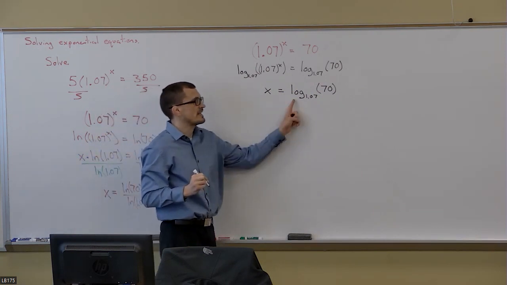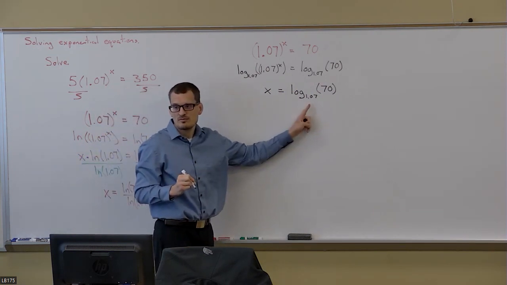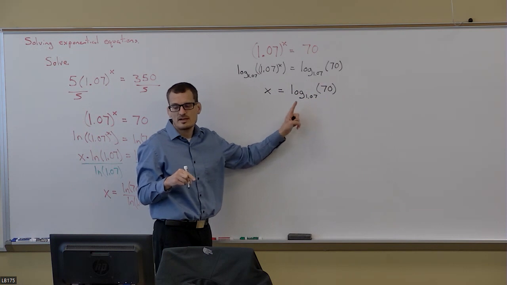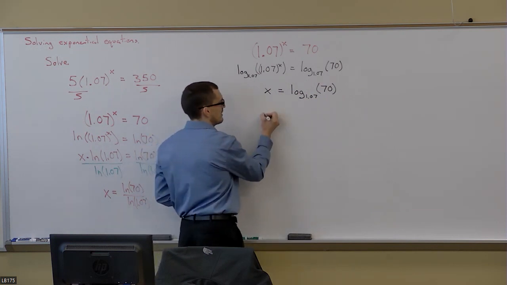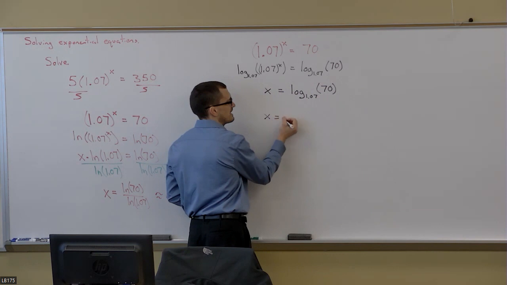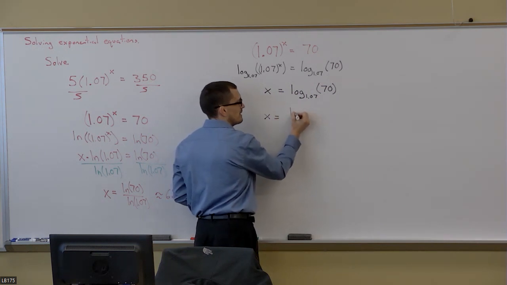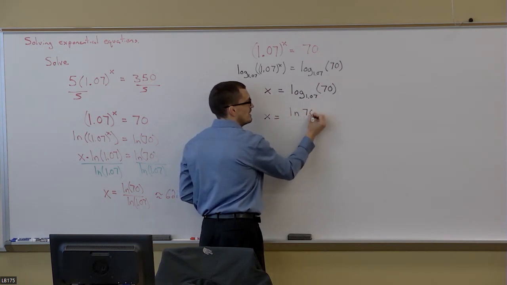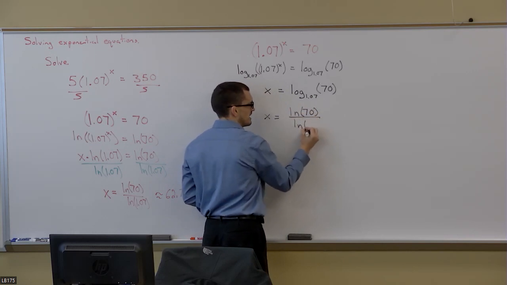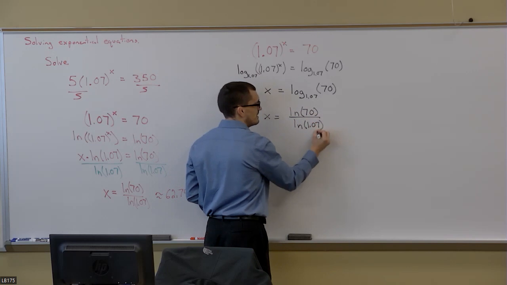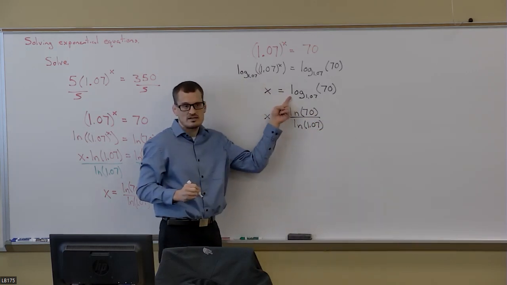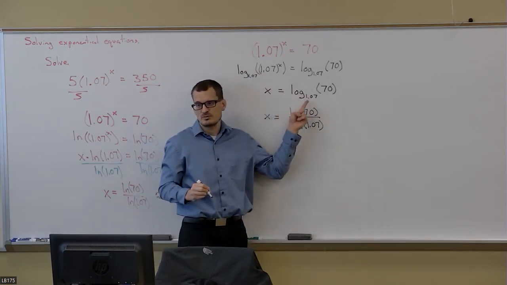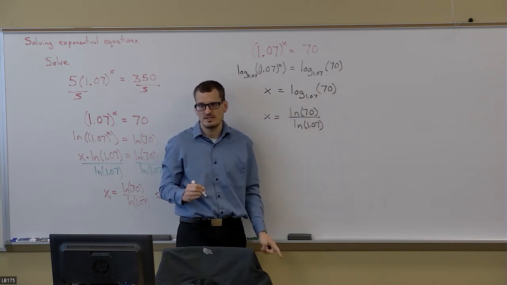And how would we calculate that? Well, if I needed to calculate that, I'd put this into my calculator via my change of base rule. My change of base rule says take natural log of 70 divided by natural log of 1.07, and that's log base 1.07 of 70.